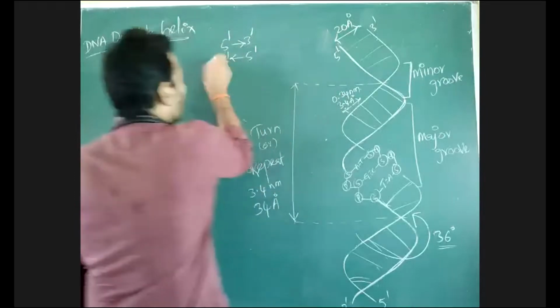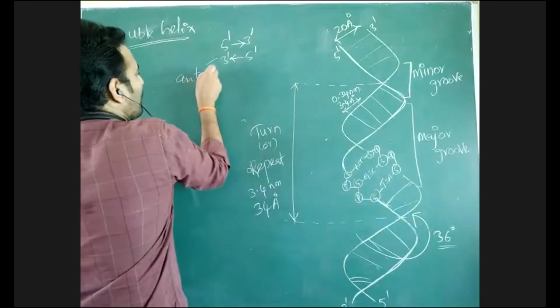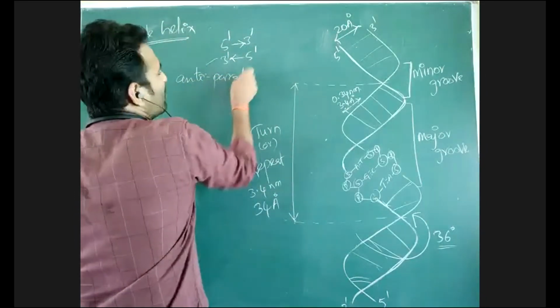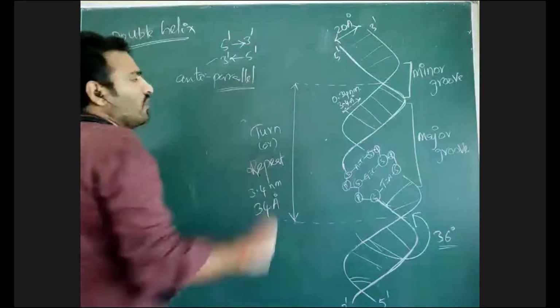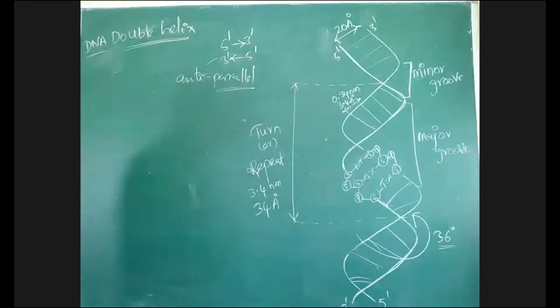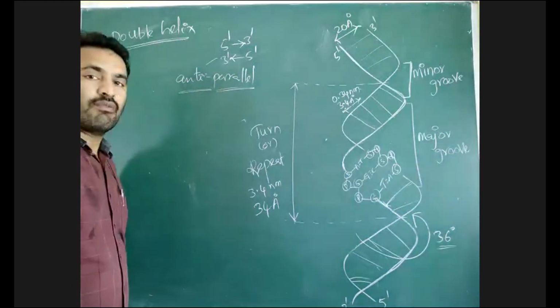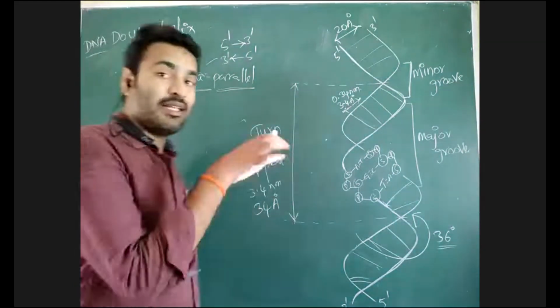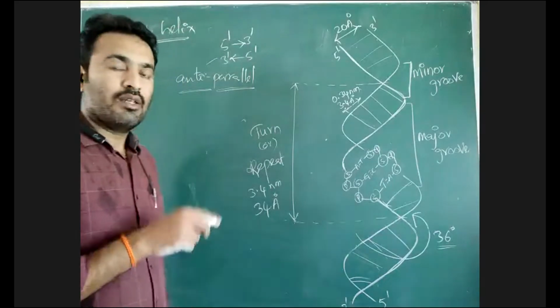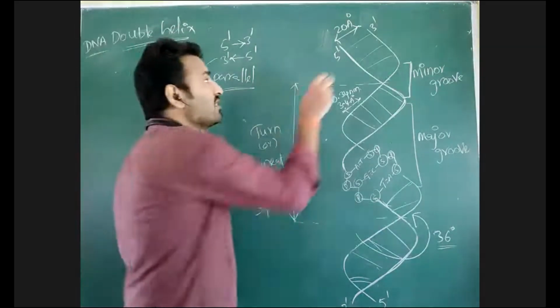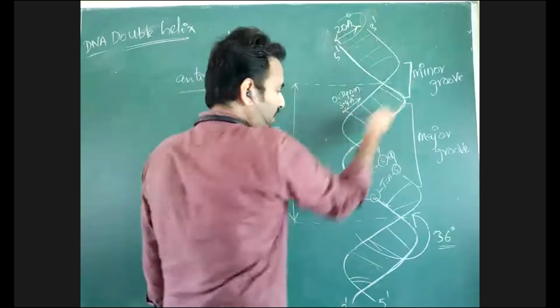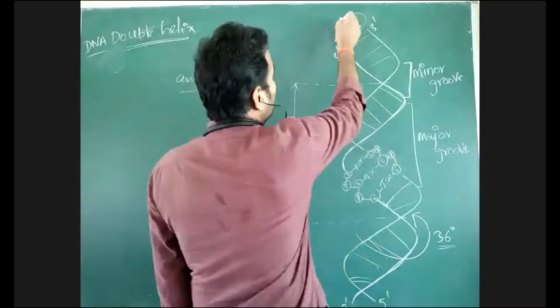That is called anti-parallel nature. The two polynucleotide strands in the DNA double helix run in opposite directions to each other, so that property is called the anti-parallel nature of DNA. Here the distance between the two strands everywhere in DNA is always 20 angstrom.